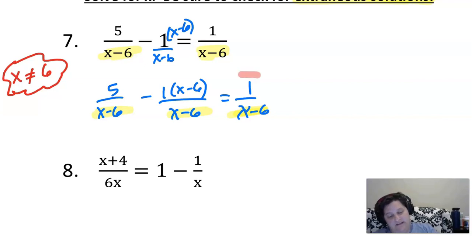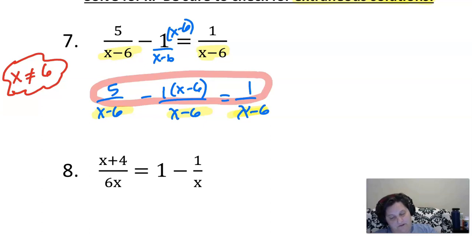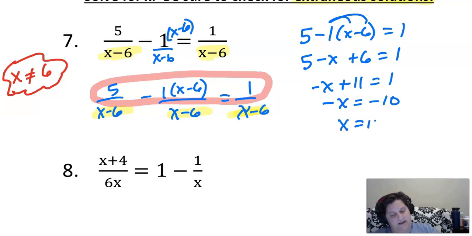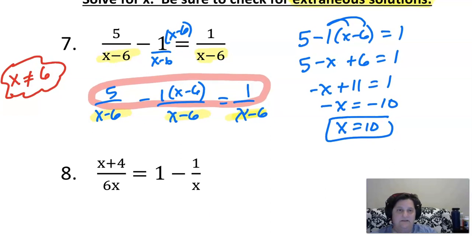So we can just take this and make our equation. So 5 minus 1(x minus 6). I have to distribute that negative real quick. So it's 5 minus x plus 6 equals 1. Negative x plus 11 is 1. Subtract the 11, that's negative 10. X is 10. Now, I didn't get 6, so I'm chilling, so that's my answer.